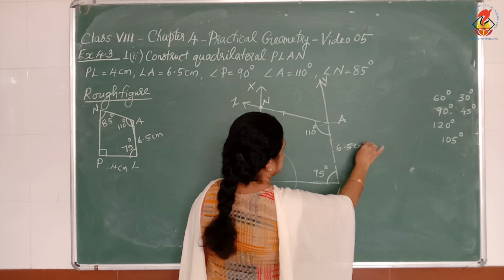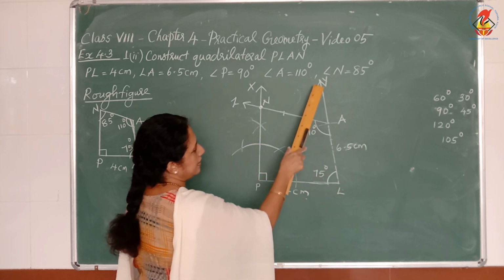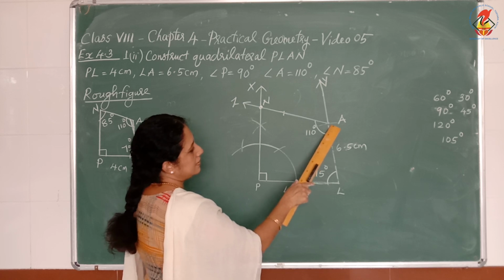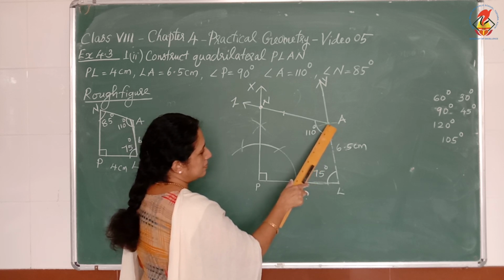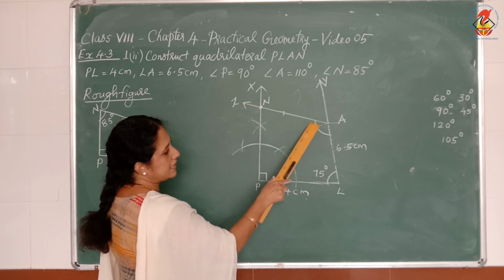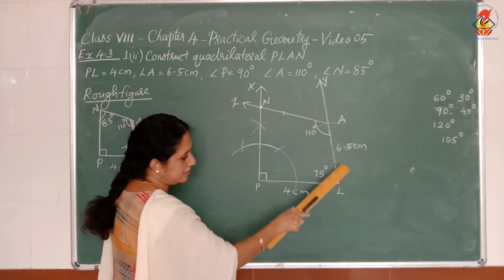Then fifth step, measure 6.5 centimeter along ray LY and mark the point as A. Then next step, at A, draw ray AZ, making an angle of 110 degree with the AL.